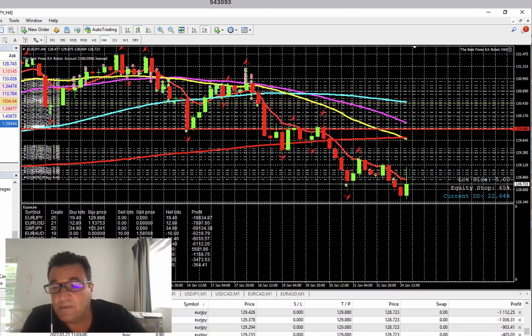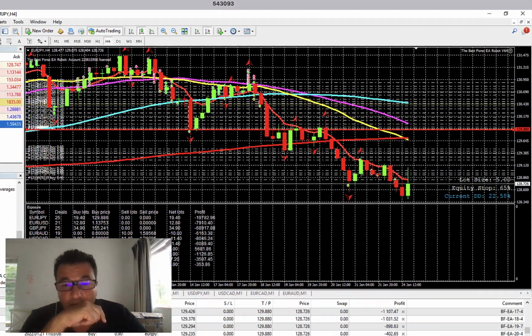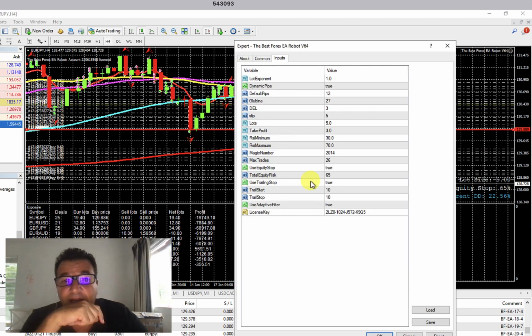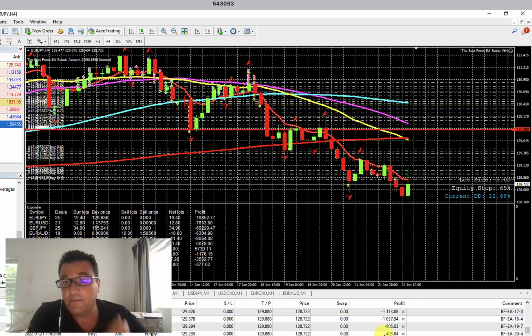I just want to open the comment section here so I can see what the last trade was. It was 24. Okay, so we're going to change this to a 25, not a 26. This is a 25 because we only want the robot to open up 25 trades, right?